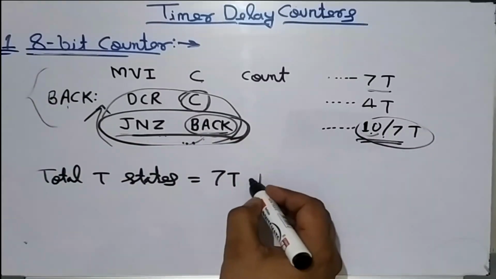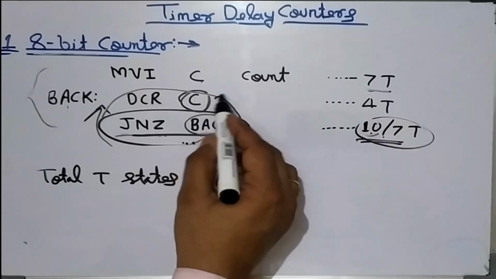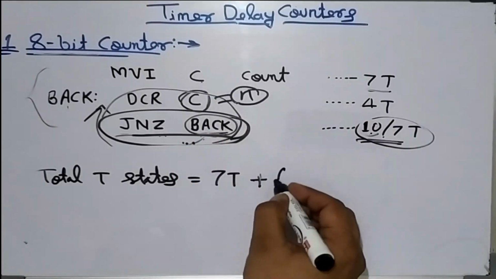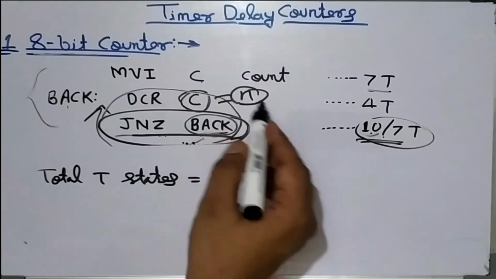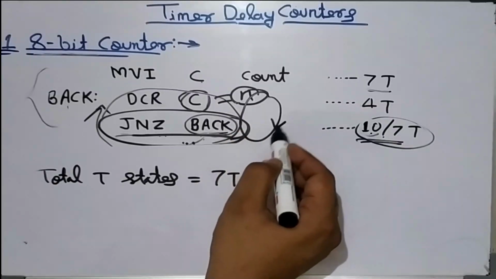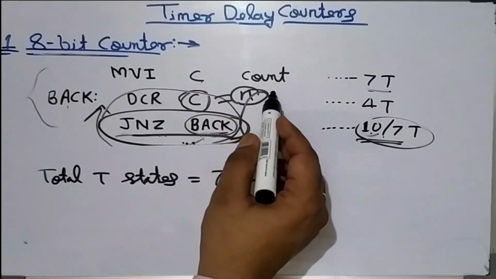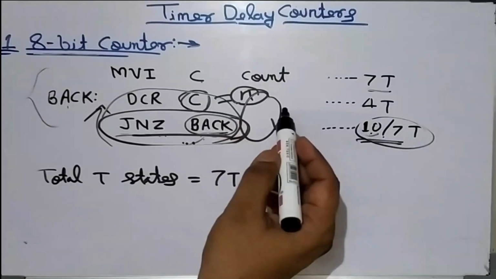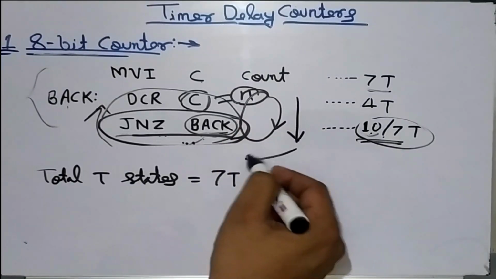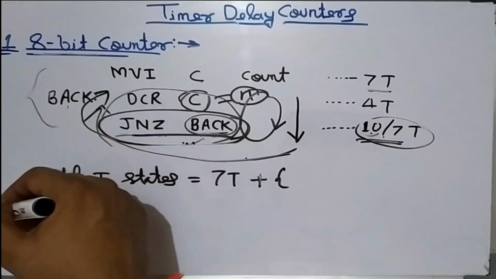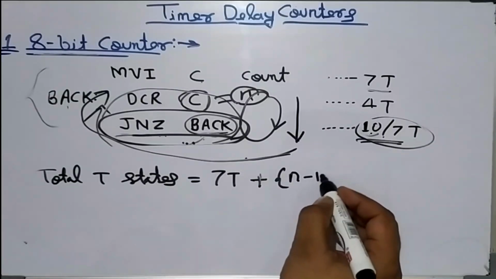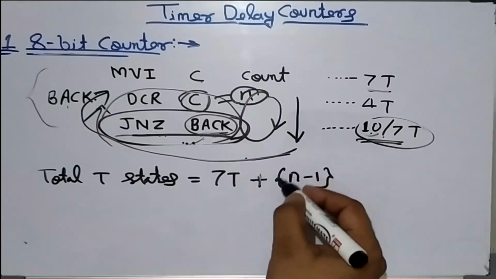Plus, if C equals n, meaning the count value is n, then this loop will run n minus 1 times completely, and the last loop will run only in this direction and it will not jump to this location. Then I can say n minus 1 is the number of loops.